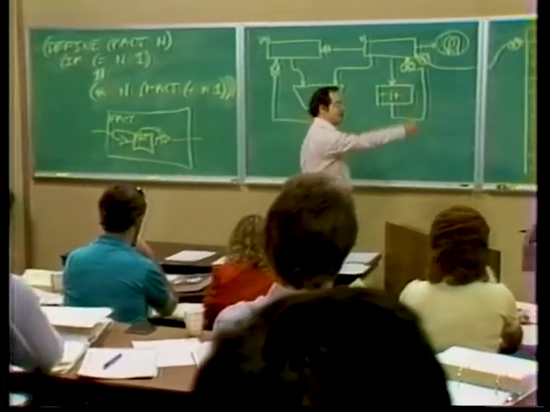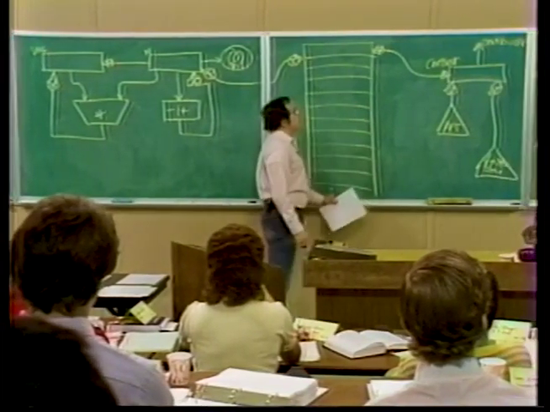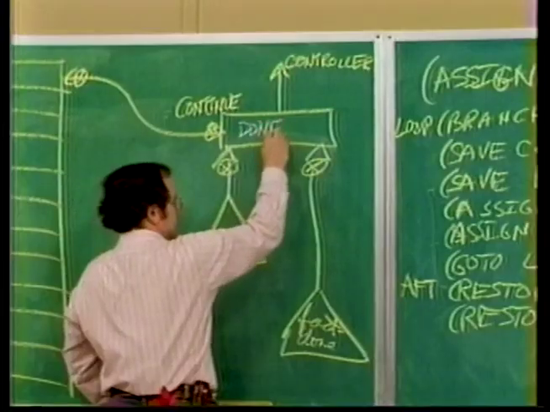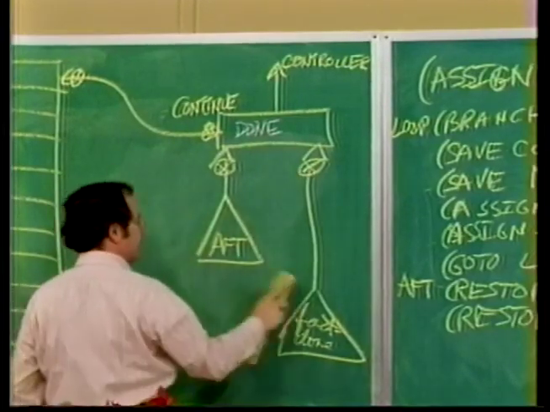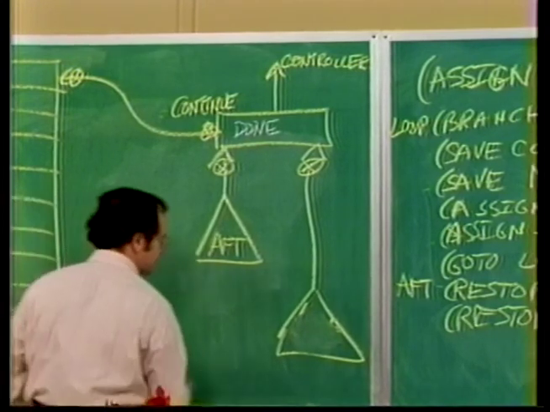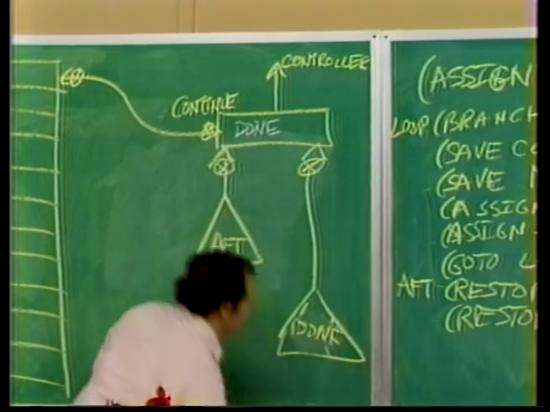This is statically what it's doing, but we have to look dynamically at this. So let's see. First thing we do is continue gets done. The way that happens is I push this. Let's call that done the way I have it. I push that button, done goes into there.